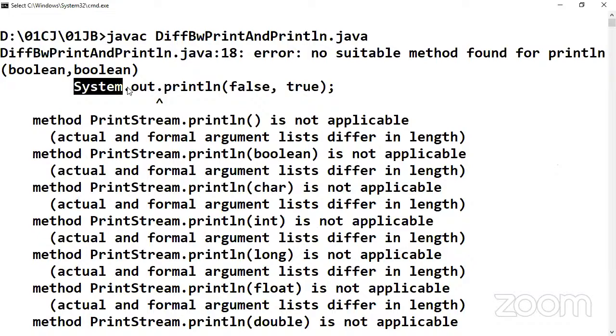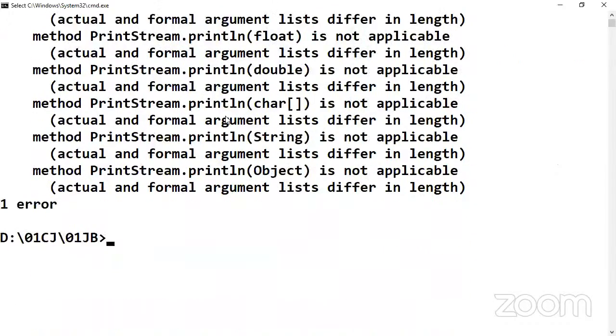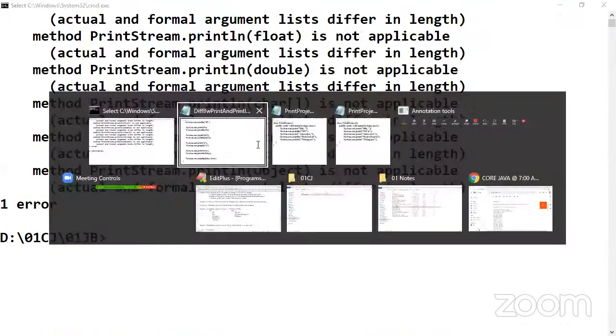No. If it were available in the system class, why would you write dot out in between? Directly we would call System.println. So the println method is available in the out object. What is out? Print stream. So println methods are available in which class? Print stream class. How many overloaded println methods do we have? 10 overloaded println methods are available.